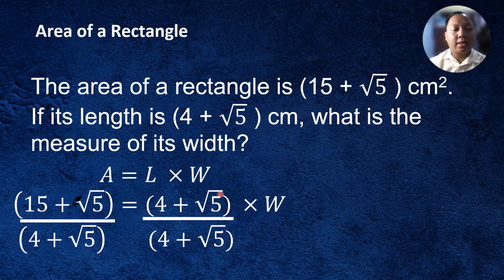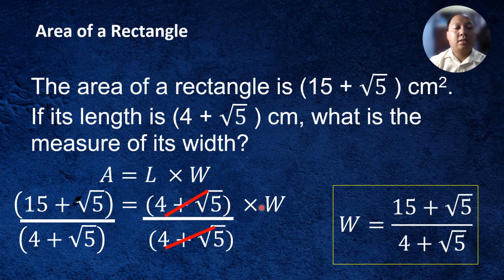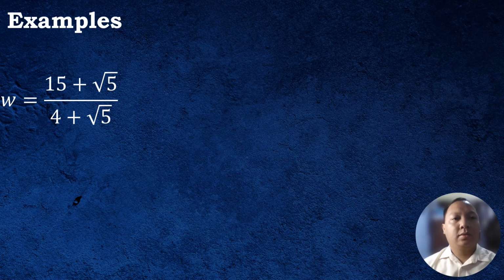Kasi kailangan natin siyang tanggalin para maging alone lang itong width. So, our width is 15 plus square root of 5, numerator. And sa denominator naman is yung 4 plus square root of 5. Again, our width is 15 plus square root of 5 all over 4 plus square root of 5.